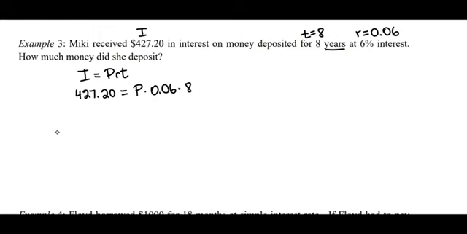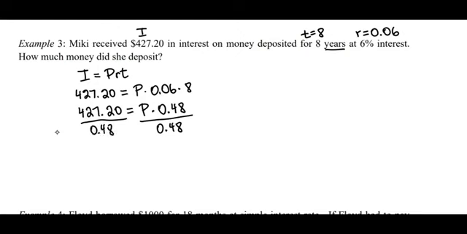We're going to multiply 0.06 times 8, so I have 427.20 equals P times 0.48. And then we're going to divide by what we're multiplying P, divide by 0.48, and then we will have 890 equals P. That's our answer.